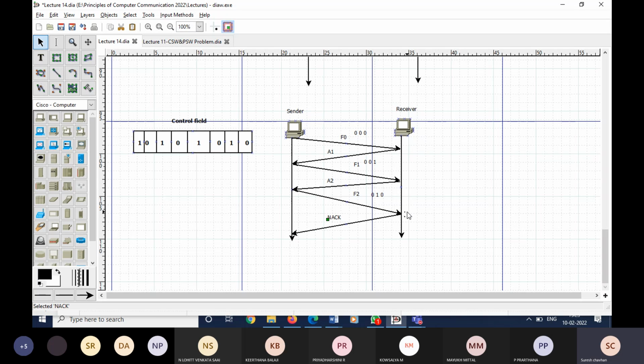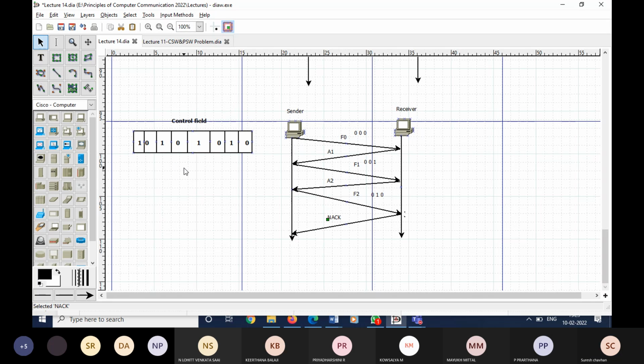Now I don't have space to store that frame, right? So in order to tell all this information, it will make the 1 0 here. After seeing this 1 0, the sender slows down the sending rate using this negative acknowledgement or this complete control field.